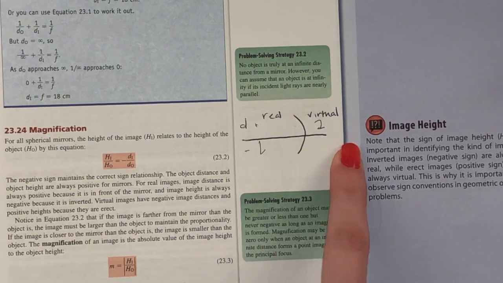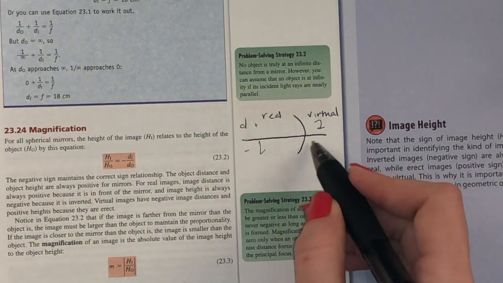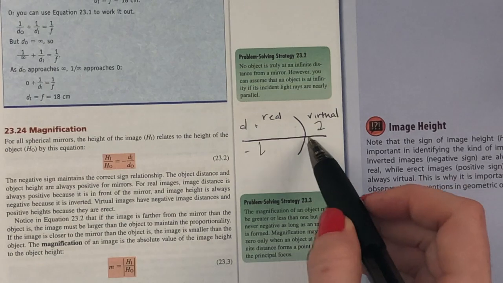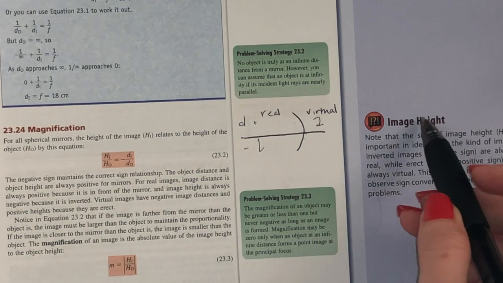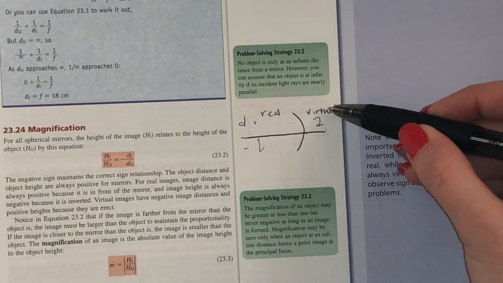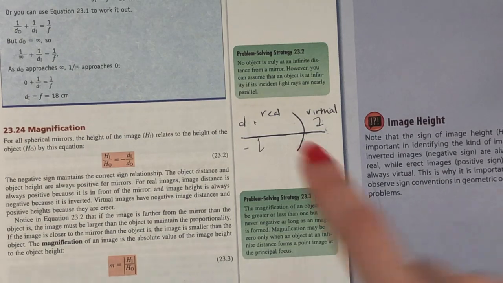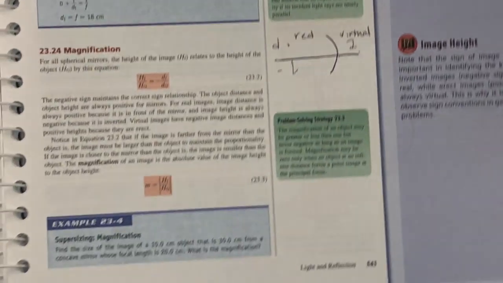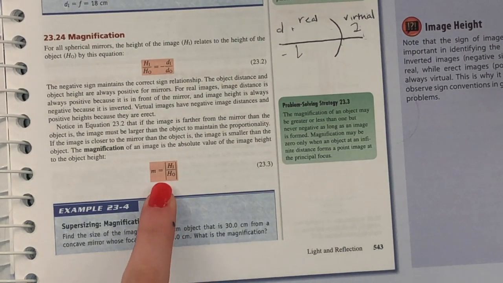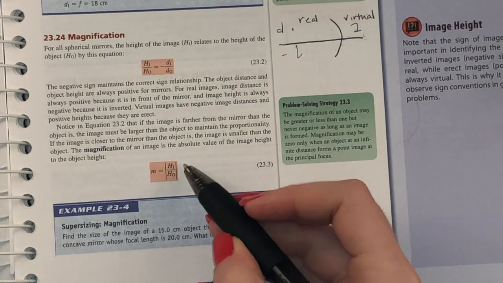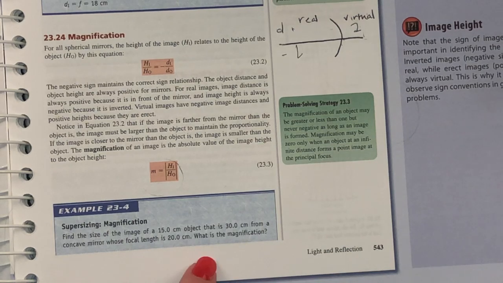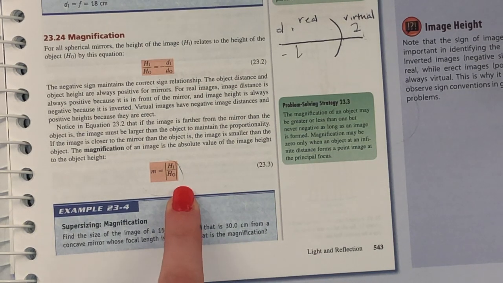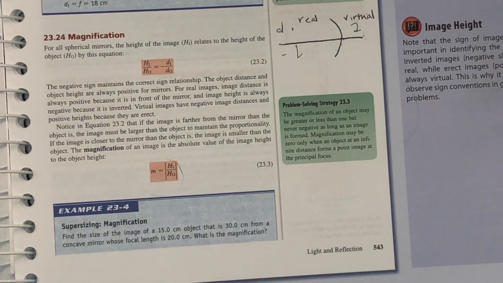Now, for the virtual images, its distance is going to be negative because it's going this way or behind the mirror, but its height will be positive because it was erect, and I believe that was case 6. And then lastly, if you're asked to find the magnification, that would just be the absolute value of the height of the image and the height of the object. So this one's pretty straightforward.